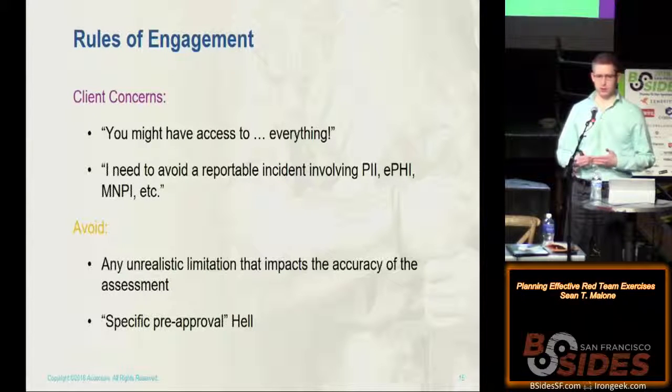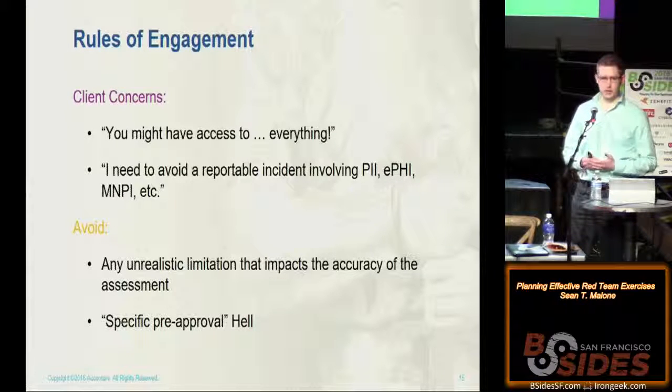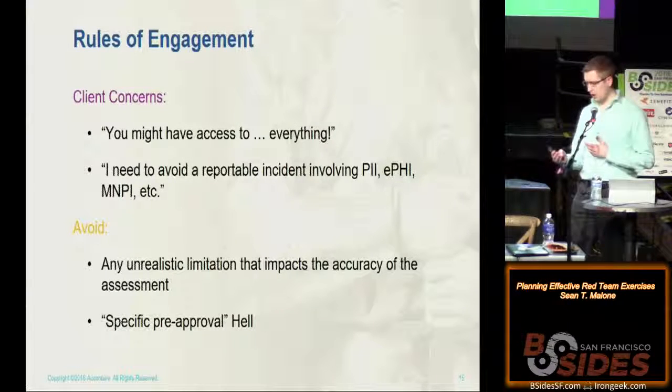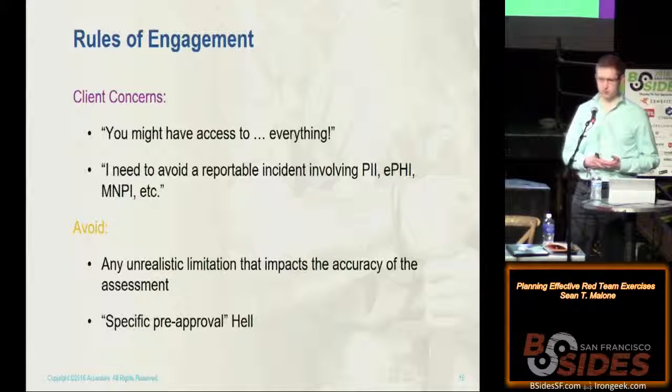It means that you've lost a lot of the realism simply because you've made the whole process take 10 times as long as you go back and forth with the client, and they're then wondering, can I authorize this? Do I need to ask somebody else first? Instead, define it up front.